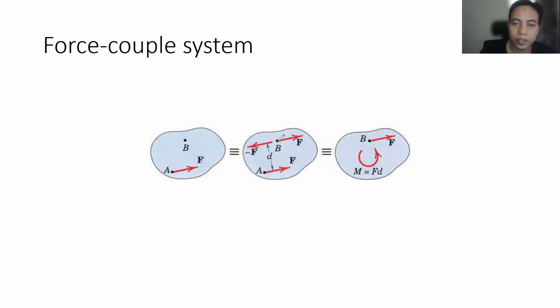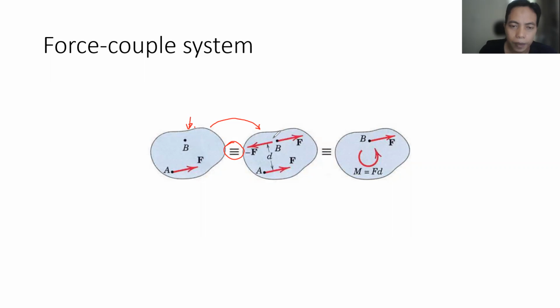So this is just like adding a zero force at point B. So the effect will be the same as the previous one. There is no force acting at point B. So this is the equivalent condition.